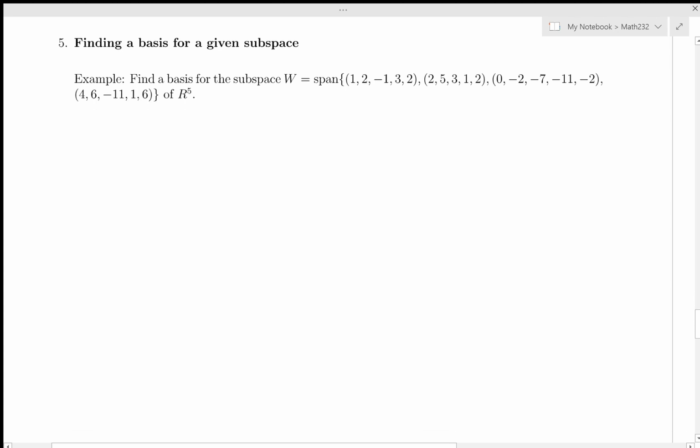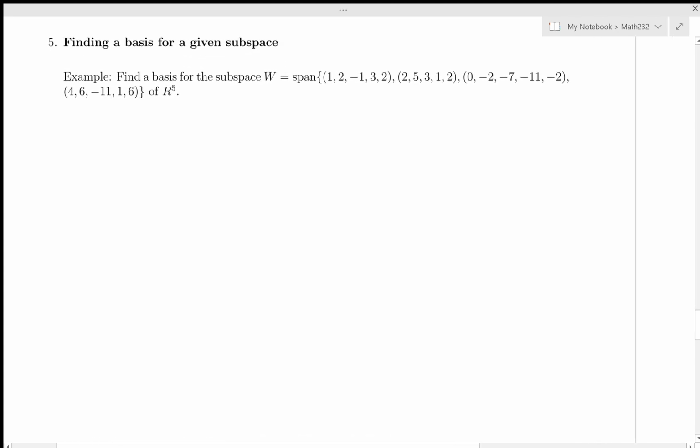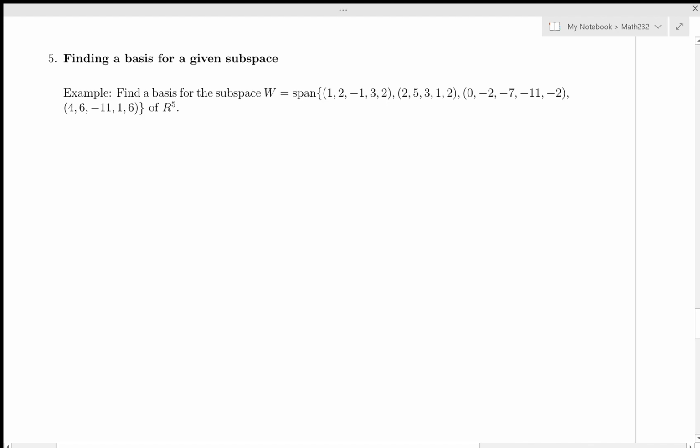Okay, now what if we have a subspace and we wish to find a basis for it? Here's a subspace. We get told this is a subspace. It is a space spanned by these four vectors in R5. So we've got four vectors. They're in R5.